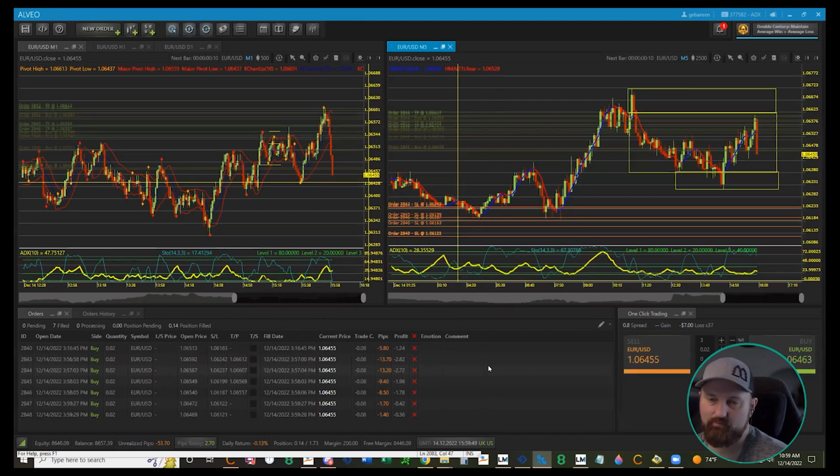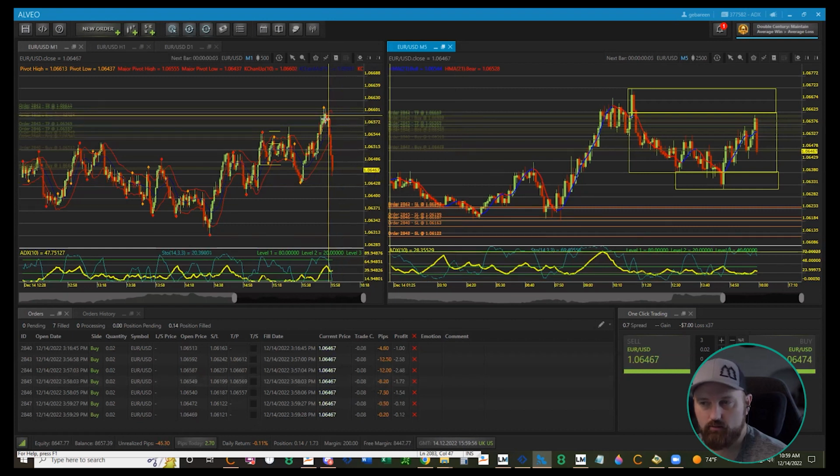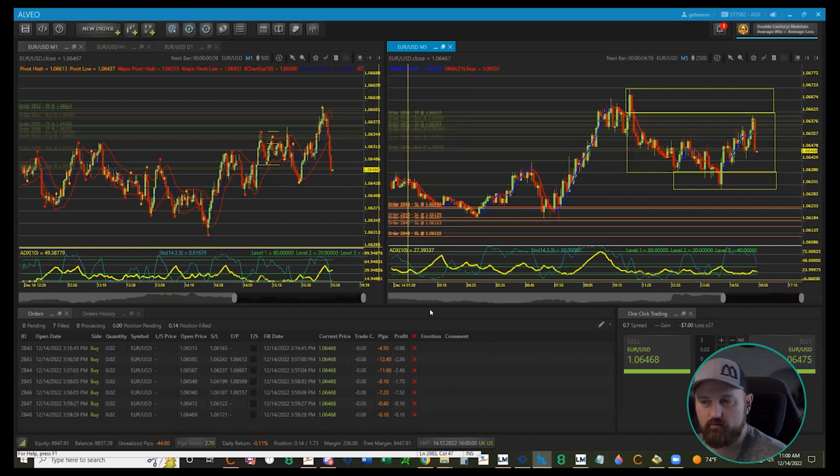If it was a fast momentum move, I would take the opposite of it in a heartbeat. But because it's a slower, methodical move down, I'm waiting for an action point before I jump in and start becoming a buyer.